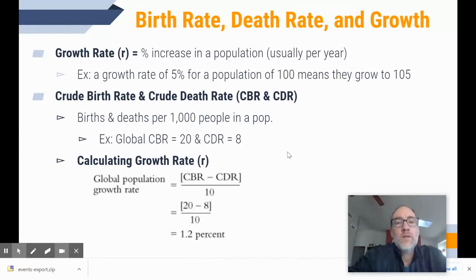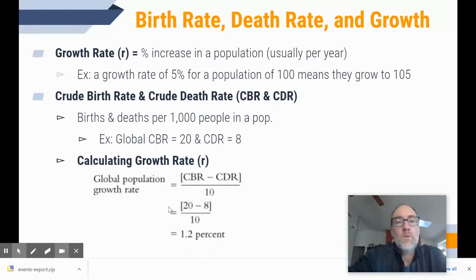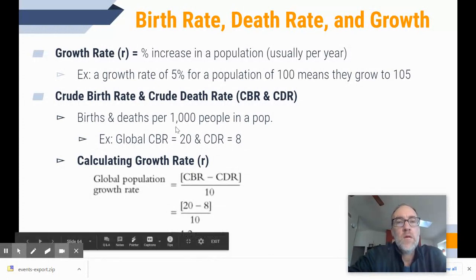So how do we calculate exactly how fast the population is growing? We do a little math: the crude birth rate minus the crude death rate, divided by 10 so we can get our percent, and you can see there our percent is 1.2. So this example would be growing at 1.2%.